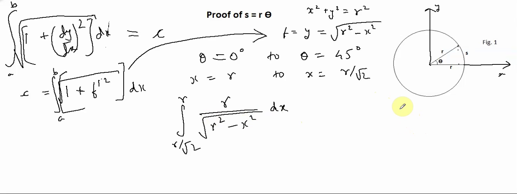But if you wish to solve this integral, let me give you a hint. The main thing you need is this: if you have an integral of the form square root of a square minus x square, then the value of this integral is sine inverse of x by a plus a constant.